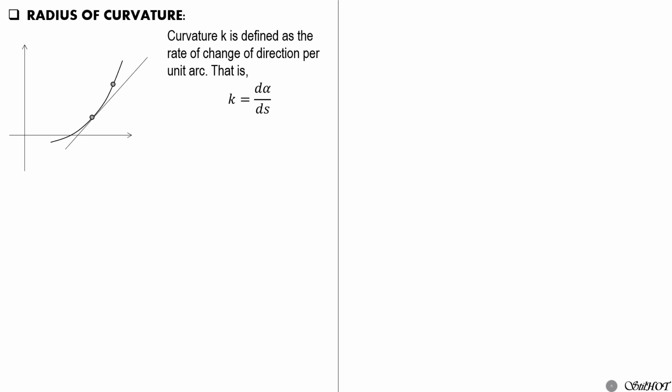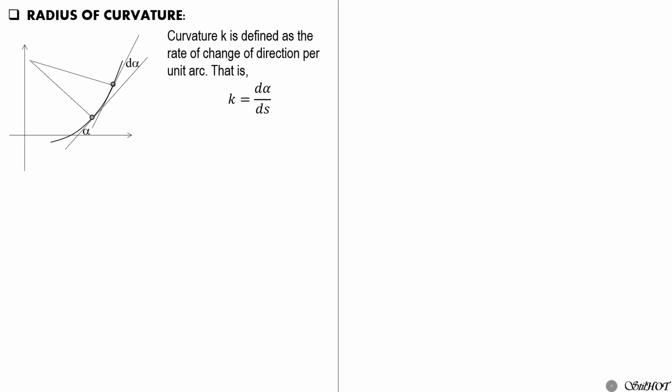Then another point of tangency, so we have a slight change in the direction, and the angle between them is differential alpha, and the distance between these 2 points considered is very close. I'm just exaggerating it here so that you can see, and so that I can explain it well. So the angle that the tangent makes with the positive x-axis is alpha, and the change in direction is differential alpha, and this length here is ds.